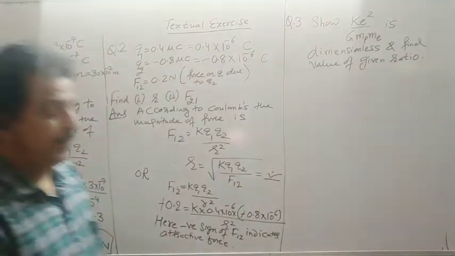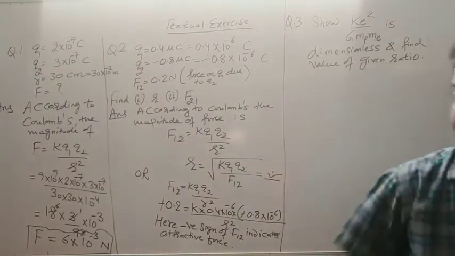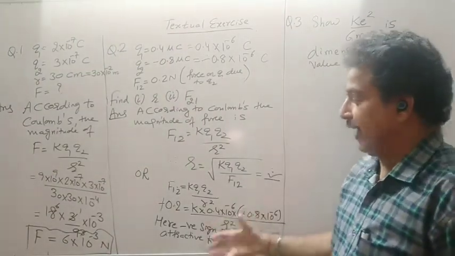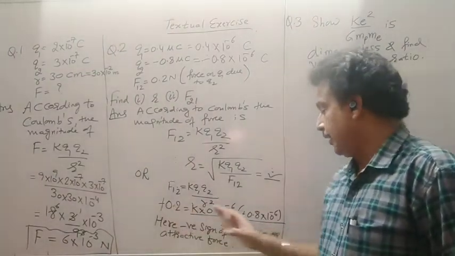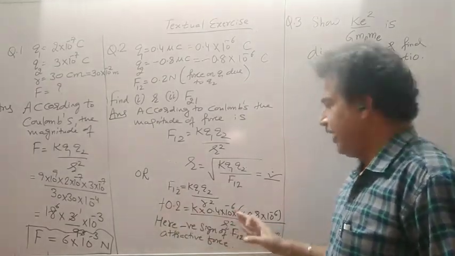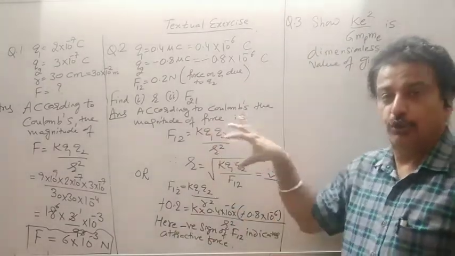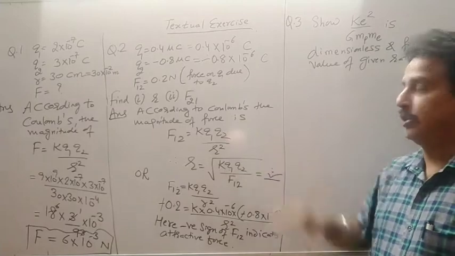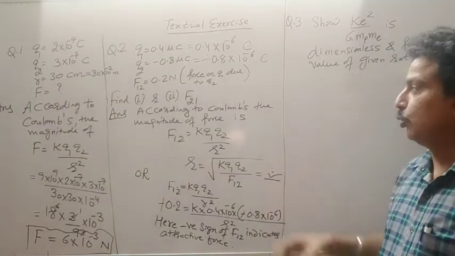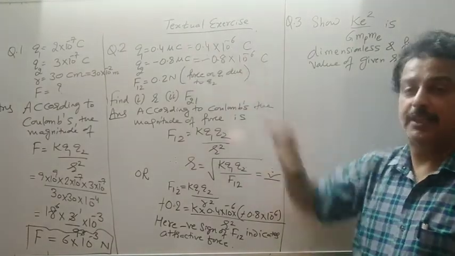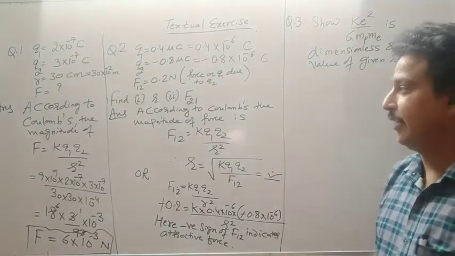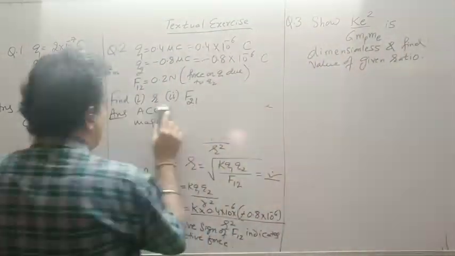So this can be done by two methods. If you are considering the force of attraction or a direction, you take negative sign on both sides, but it will be cancelled. So directly you can also write the magnitude of force between Q1 and Q2. And from the given, it is clear that the force is attractive in nature. Now second part.